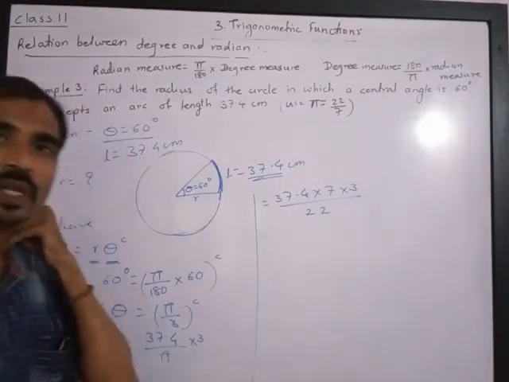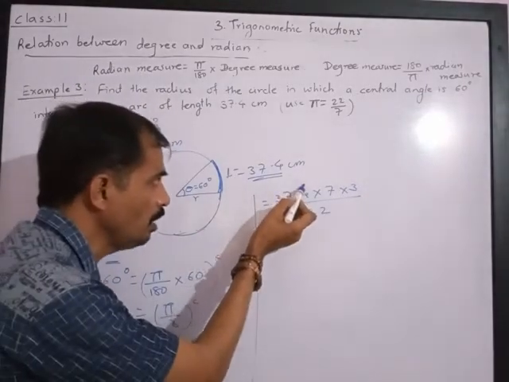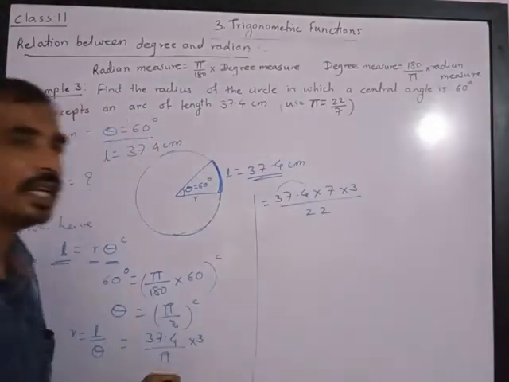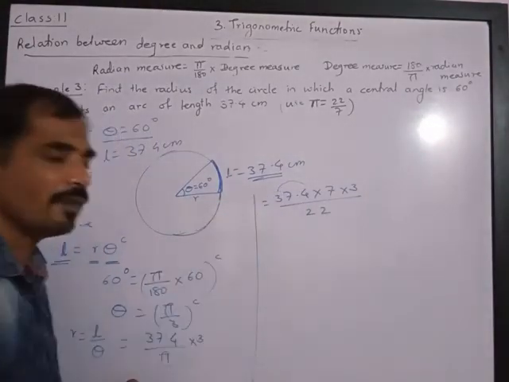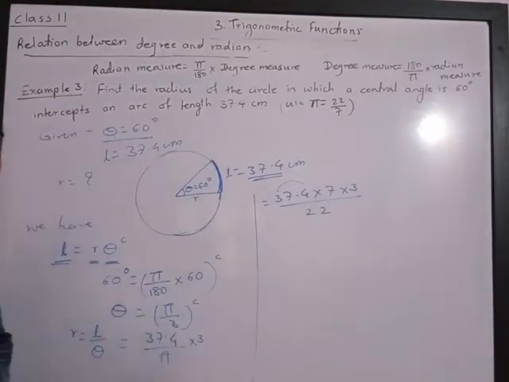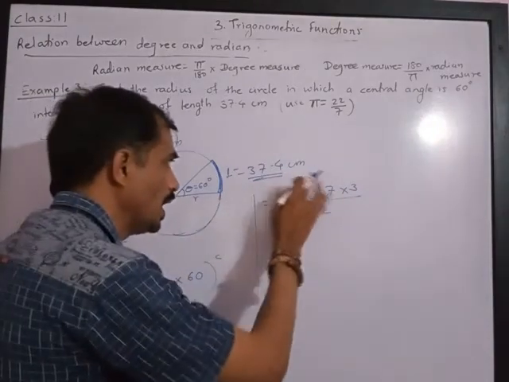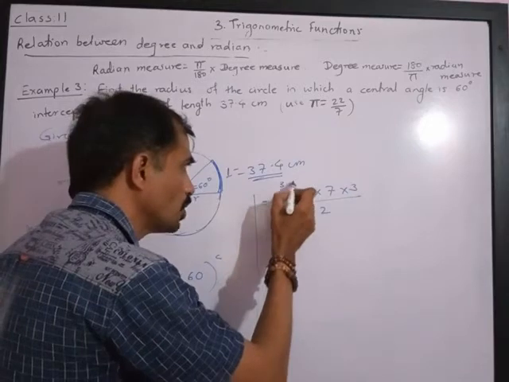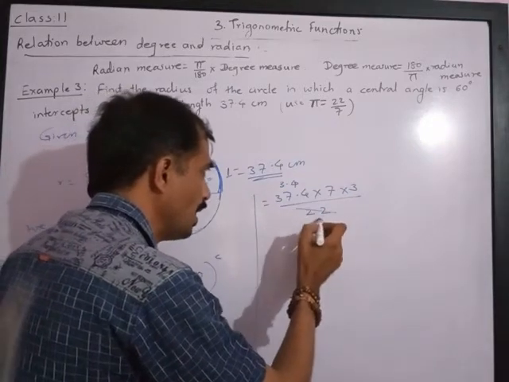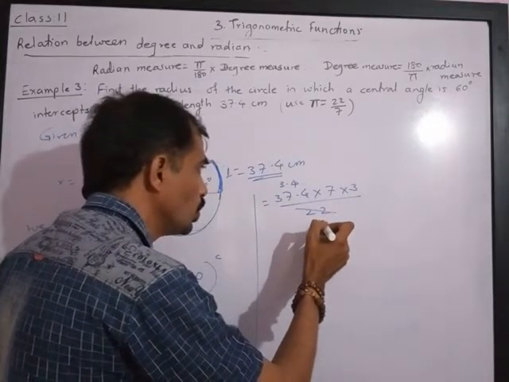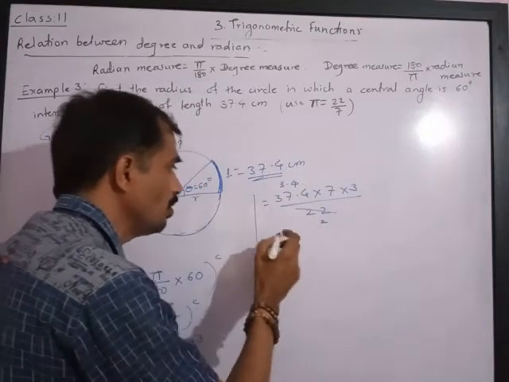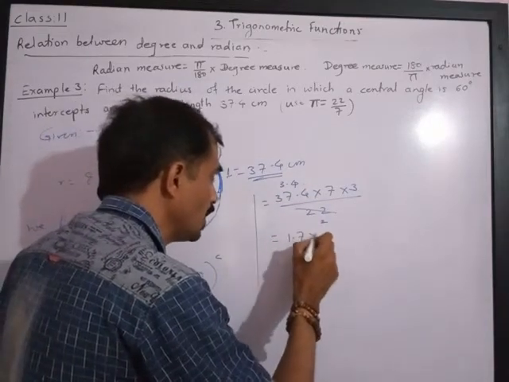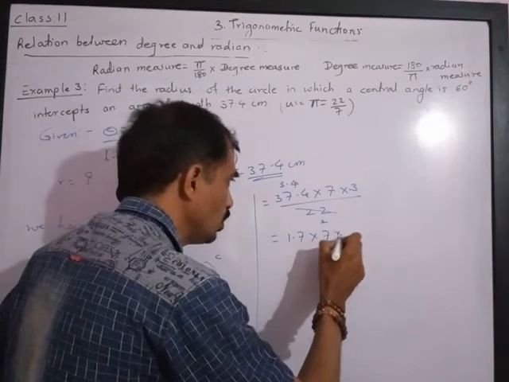Now see, the digits of this number, 3 plus 4 is 7, and 7 minus 7 is 0, so this number is divisible by 11. Let us divide it by 11. 11 3s are 33, 11 4s are 44, and 11 2s are 22. So again this number is divisible, and you will get 1.7 into 7 into 3.